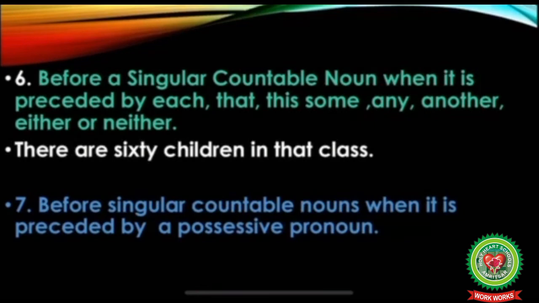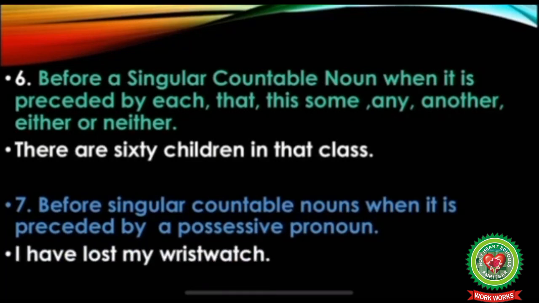Here "that" is the word, and we will not be using any article. Before a singular countable noun, when it is preceded by a possessive pronoun. See here, I have lost my watch. "My" is the possessive pronoun, and before it the word lost is used. So when a possessive pronoun is mentioned, we will not be using any article there.